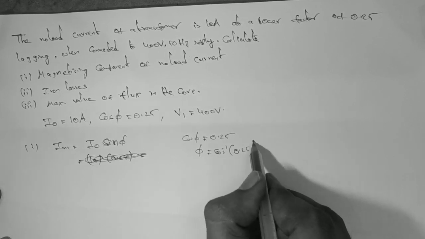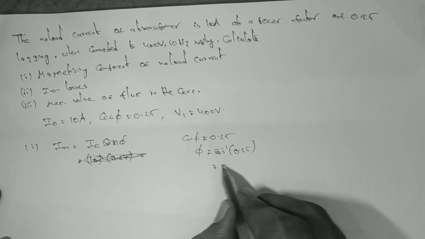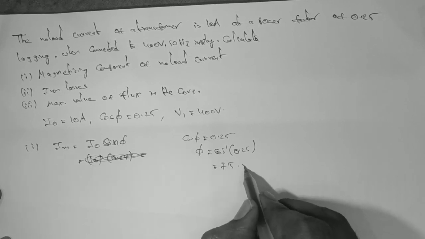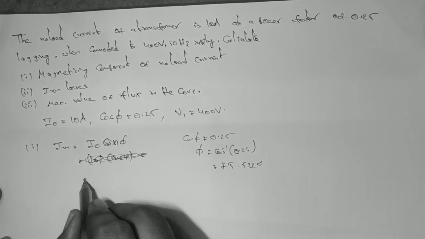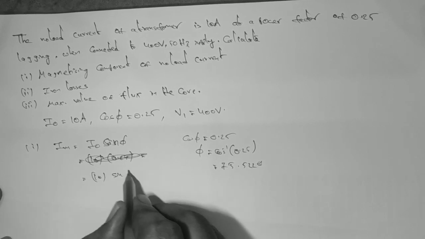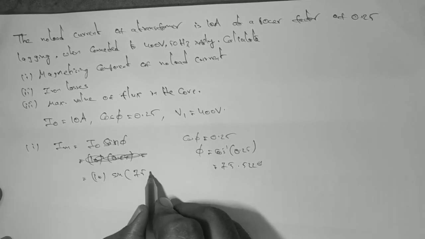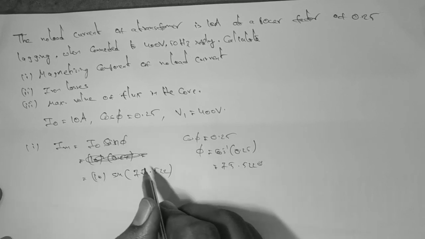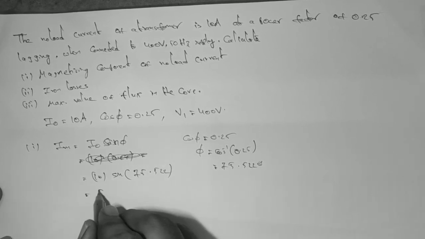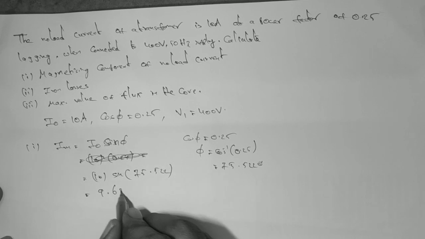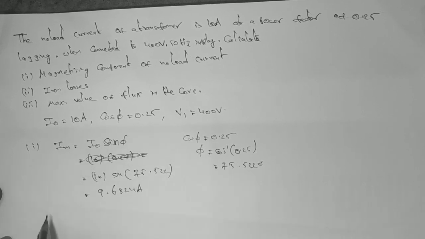So phi value will be 75.522. Substitute this in sin phi: 10 into sine of 75.522, then you will get 9.6824 amperes. That is the magnetizing component. And if we ask for the core component, then you have to write I0 cos phi.